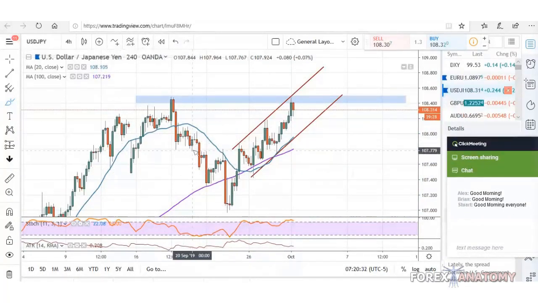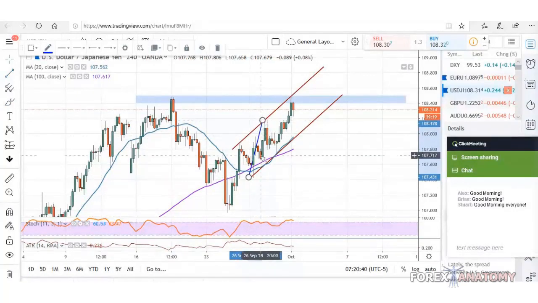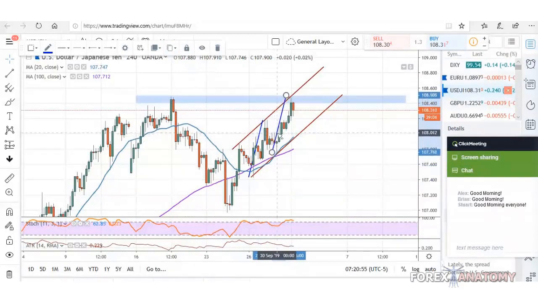So then we see that on the US dollar, Japanese yen. But what I want to identify is this leg right here, this move from this low, which is the shoulder of this inverted head and shoulders, all the way up to this high right here. This constitutes one move. If you clone that wave or that leg and drag it down to these lows right here, what you see is that we have a one-to-one measured move.